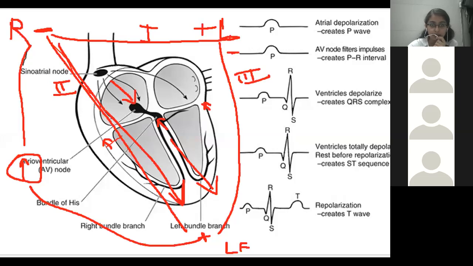One small box is 0.04, one big box horizontally is 0.2 seconds. So you start calculating one small box, two, three, four small boxes. This is how you calculate: 1, 2, 3, 4, 4 into 0.04, so it is 0.16.